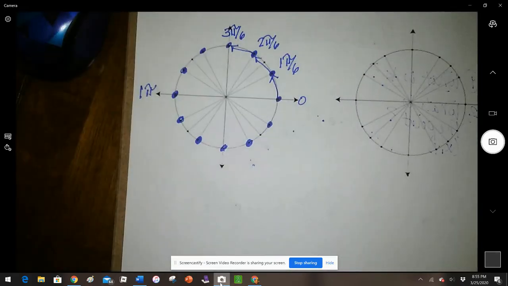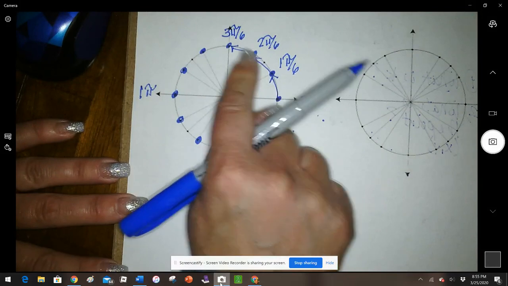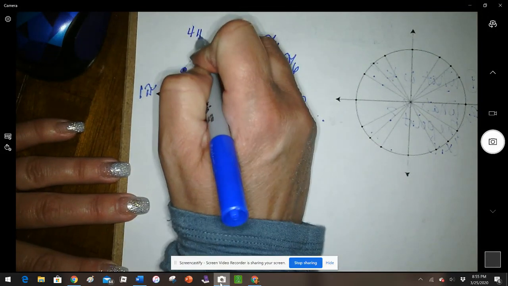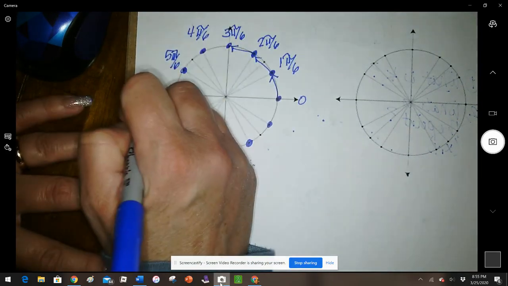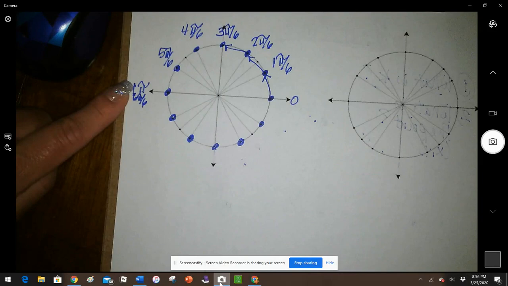So let's do that again. So we're at 0, we get 1 pi over 6, 2 pi over 6, 3 pi over 6. The next one is going to be 4 pi over 6, 5 pi over 6, and then 6 pi over 6. And 6 divided by 6 is the same thing as 1 pi, okay?